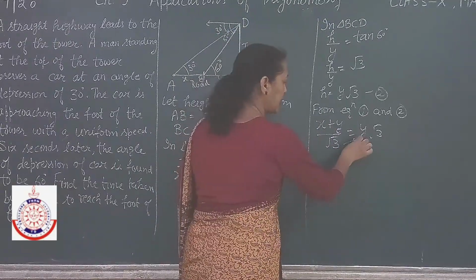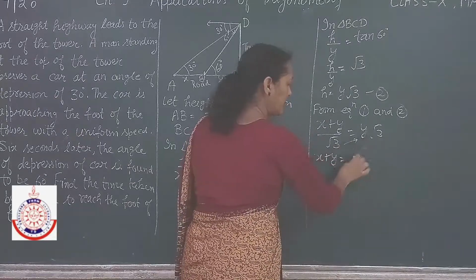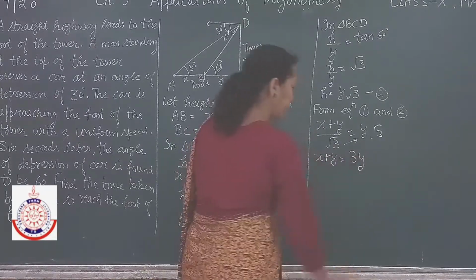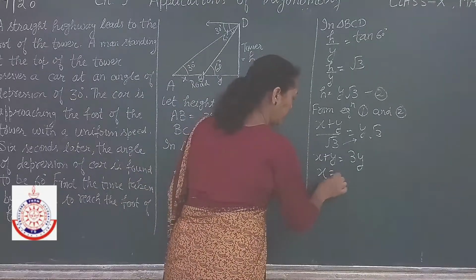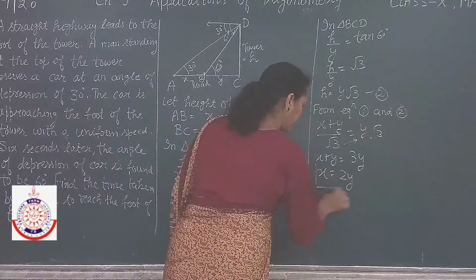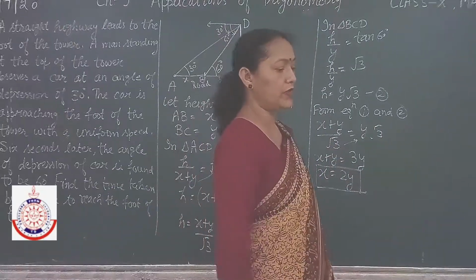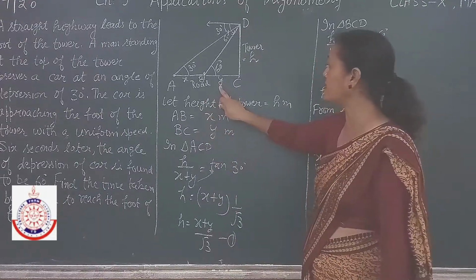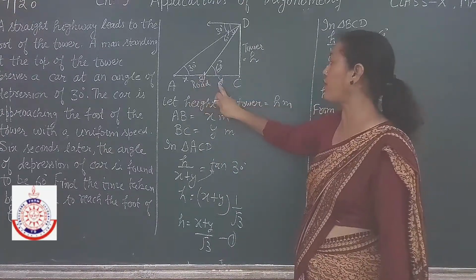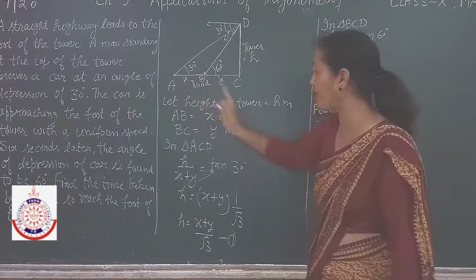Root 3 going to this side, it will be X plus Y is equal to root 3 into root 3 Y, which is 3Y. Shifting Y to that side will give X is equal to 2Y. What do we mean by this? X is equal to double of Y. Y is this distance. X is double of Y, written as 2Y.